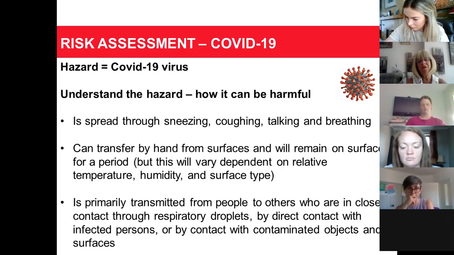And we know that it's primarily transmitted from people to others who are in close contact through respiratory droplets, by direct contact with infected persons, or by contact with contaminated objects and surfaces.